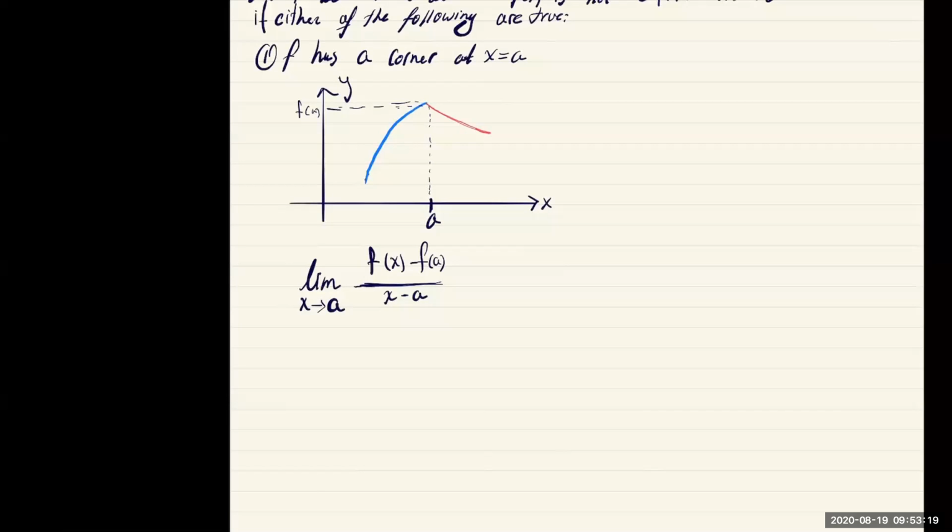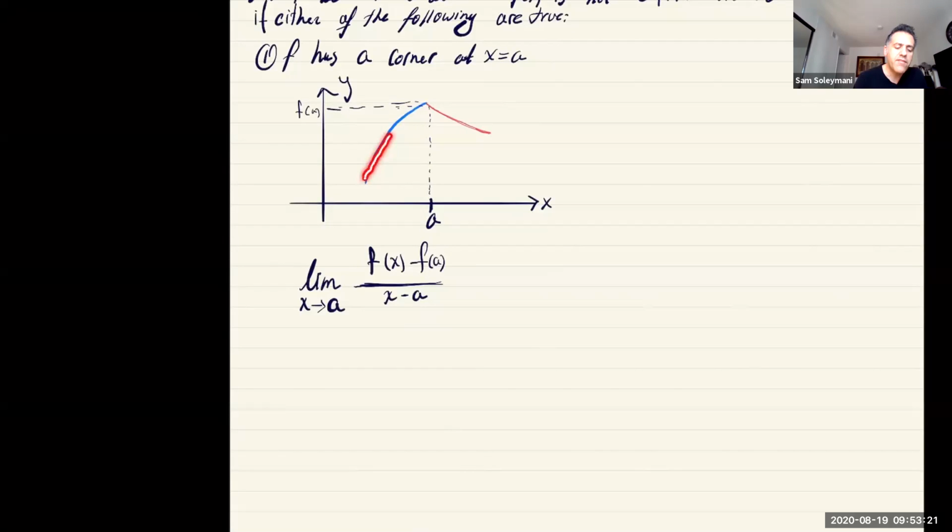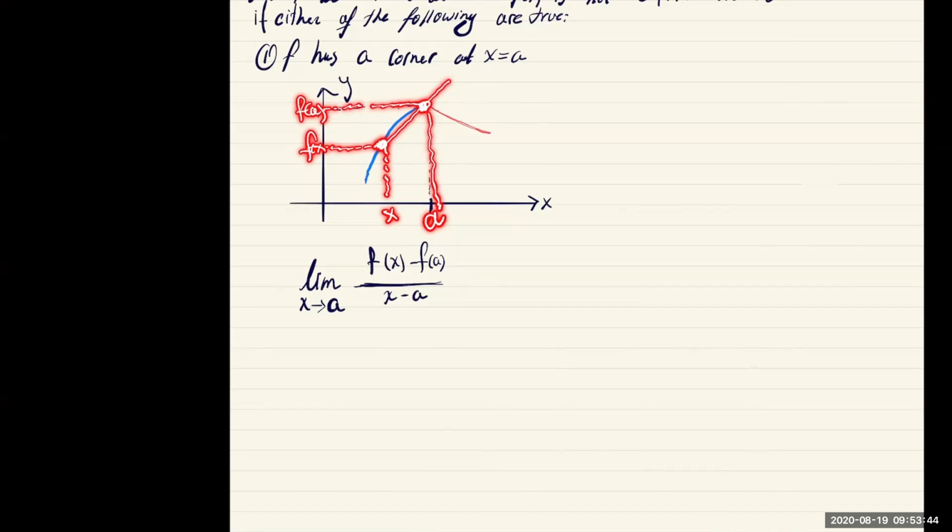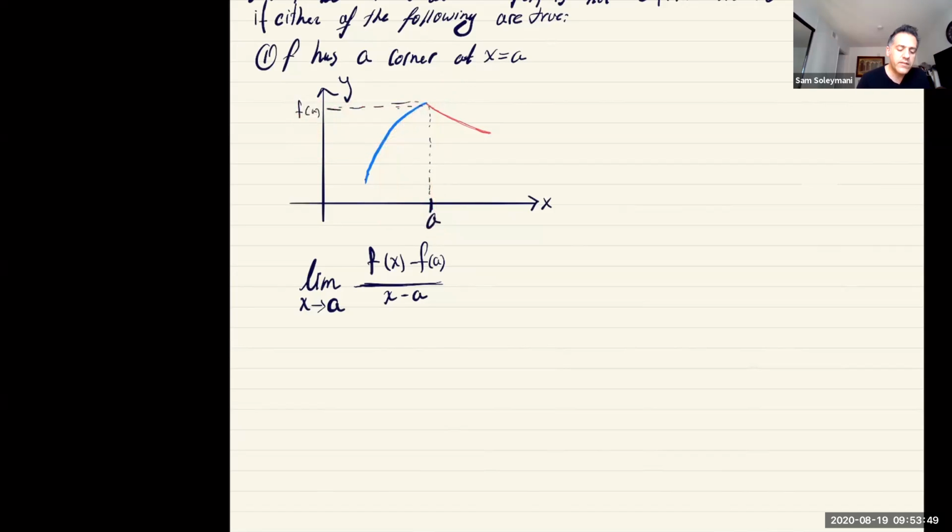Left-handed, right? Yes. On the blue graph, this is x, f of x. This is a secant line, and of course this is f of a. If you want to use the blue curve, x is going to a from the left of a. So that's a yes. Thank you so much, Ivan. That is a left-handed derivative.